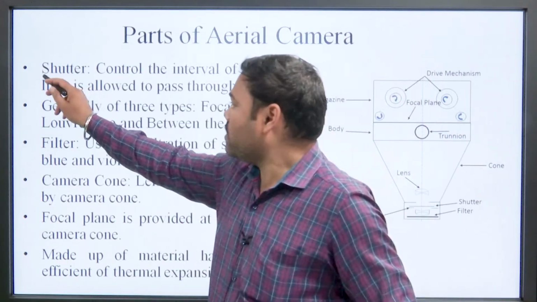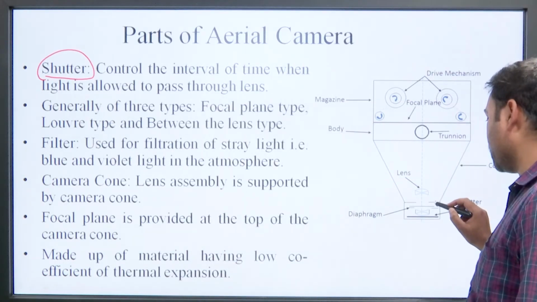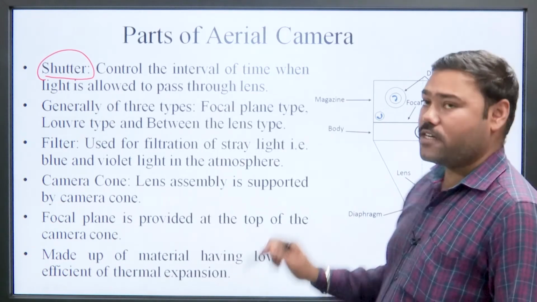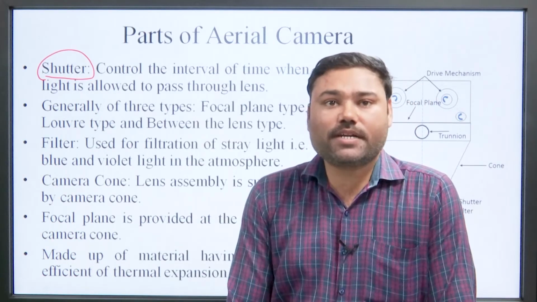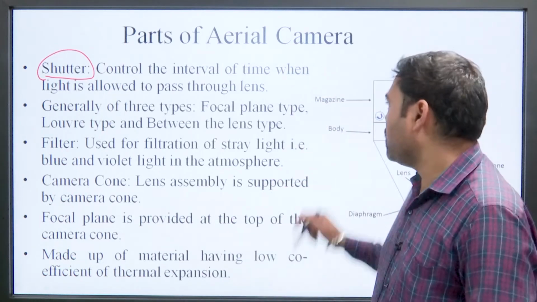Talking about the shutter, this portion is known as the shutter. It is basically used to control the time when light is allowed to pass through the lens.